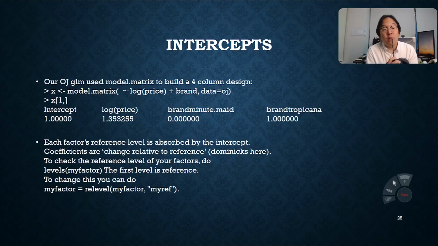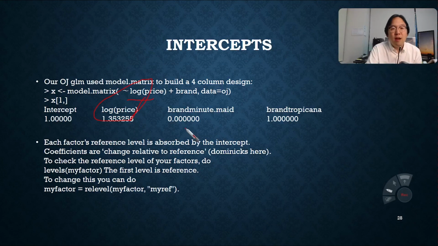The first one is the intercept in this matrix called X, the design matrix. As I told you before, this starts with the intercept, which is 1, 1, 1, 1, 1, 1, 1. And then it also sticks in log of price, because I said log of price should be the second column.